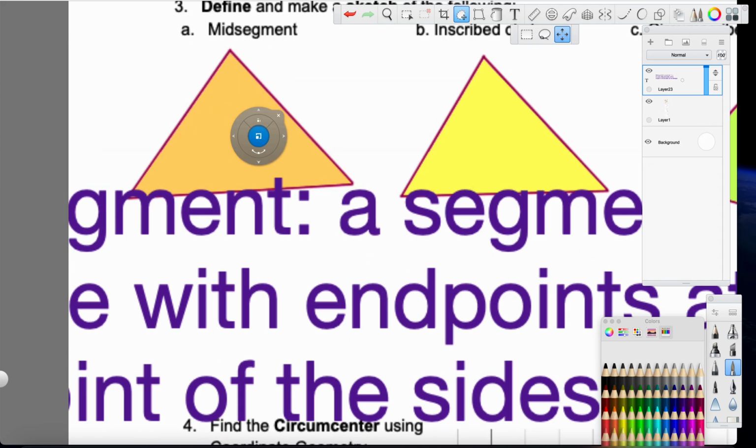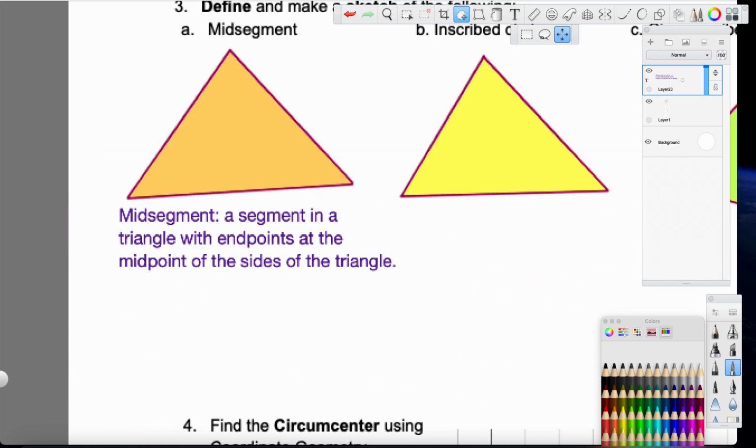So there are some properties here that we want to talk about too. So I got, that's a midpoint. That's a midpoint. Let's say that that's the midpoint.